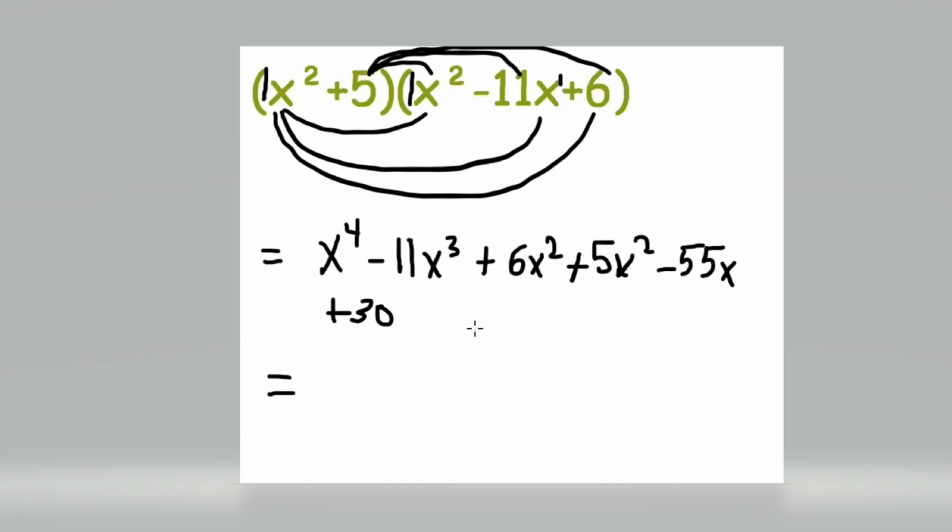After the expanded form or expanding process, pwede na tayo pumunta sa simplification. So tingnan natin kung may similar variables pa. So, for the first variable, which is x raised to the 4th power, let's check kung may x raised to the 4th power pa. So, cube to, squared, x lang, then constant. So, alam natin na, ito na yung simplest form ng x to the 4th.